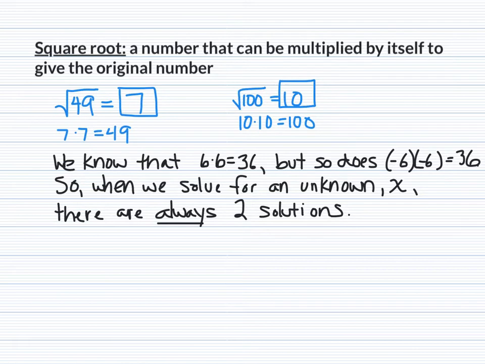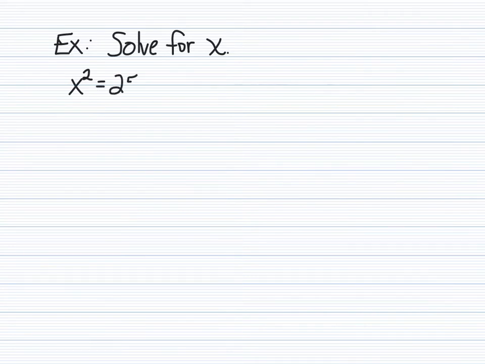So, for example, I'm going to go on to the next page to write this, so feel free to pause if you need to. For example, solve for x. So if we just have the problem x squared equals 25. Pretty basic one.